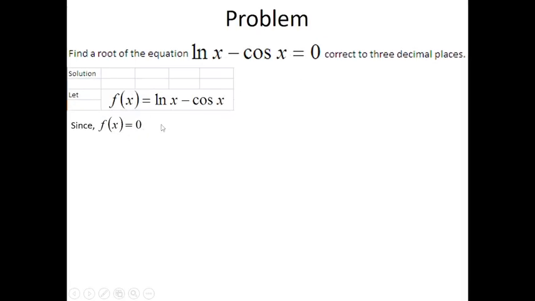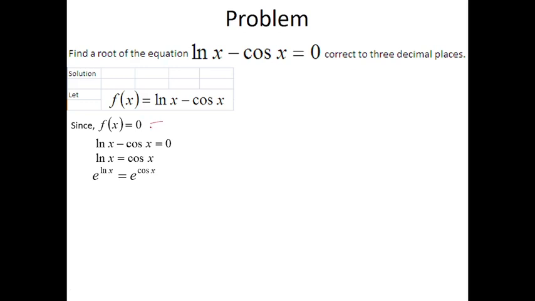So f of x equals 0, okay? So f of x equals 0, ln x minus cosine x equals 0. Gawin ngayon natin siyang x equals g of x. So, paano mo magagawang x equals g of x ito?